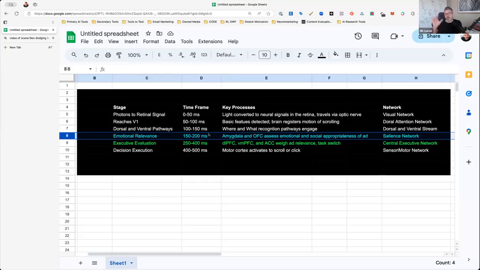At the top, the rest of the body copy isn't included in this yet because they haven't clicked on see more yet. So after this has been assessed, you then jump down to here and you've got another 150 milliseconds. This is what we call the central executive network. There are multiple brain regions that weigh the relevance of this and whether they should task switch, which is switch out of what they were doing, scrolling, and switch to a different task, which is, I now pay attention.